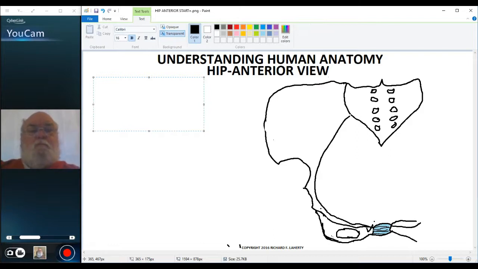And when the pelvis is sitting in the body, the anterior superior iliac spine is in the same vertical plane as the pubic tubercle.